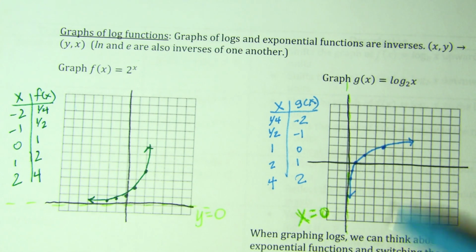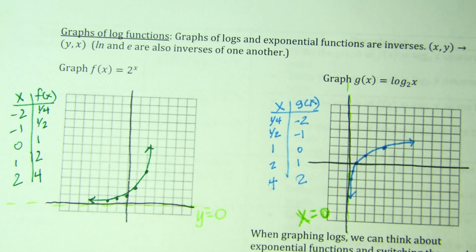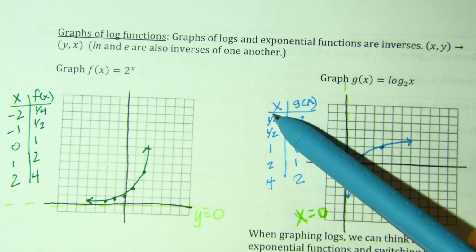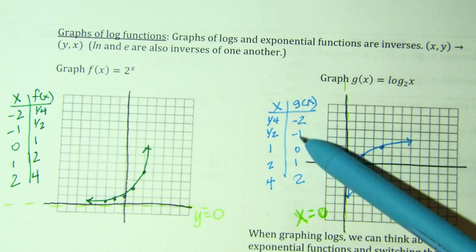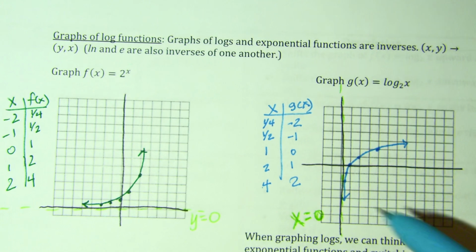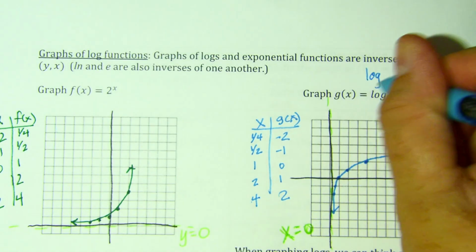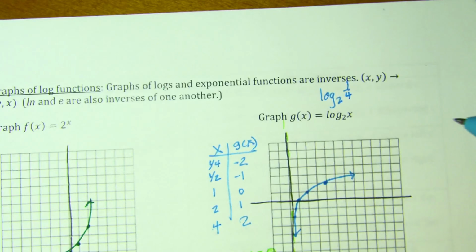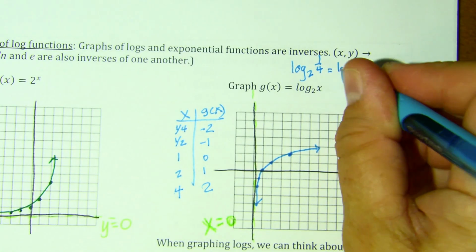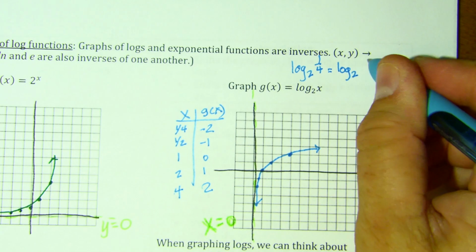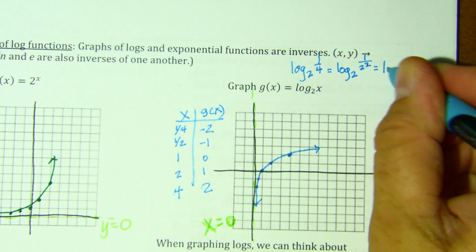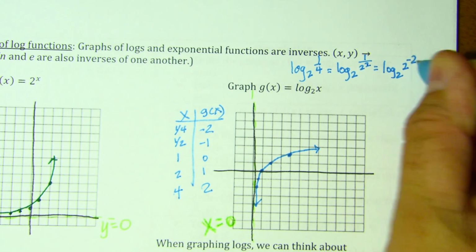So, we don't always want to have to use an exponential function to draw our graphs. So let's make some observations about these x values here and the outputs here. If I was plugging in 1/4, well, log base 2 of 1/4, if we think about what we were just doing on the previous page, I could rewrite this as log base 2 of 1/2 squared, and then log base 2 of 2 to the -2 power.